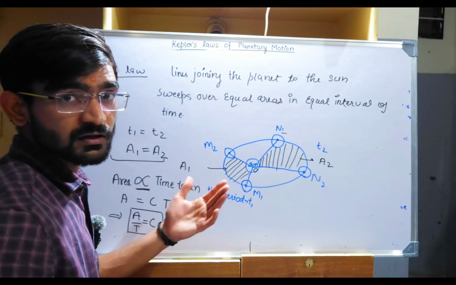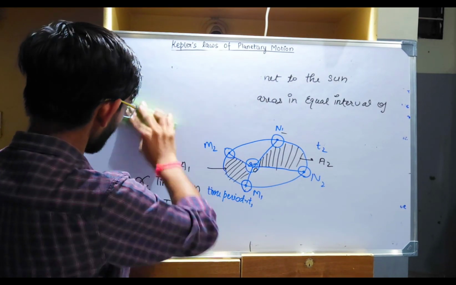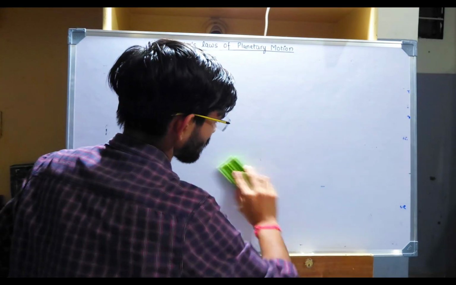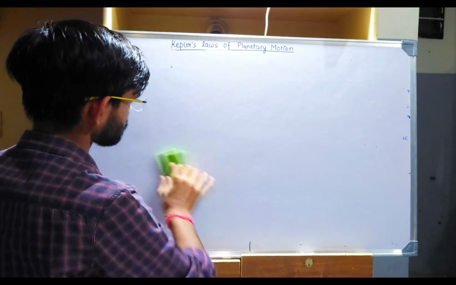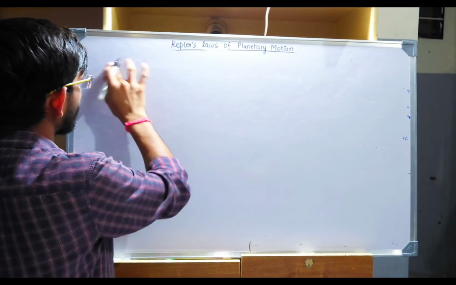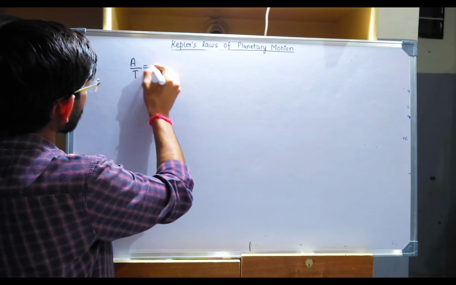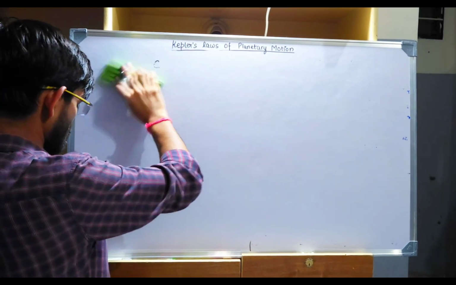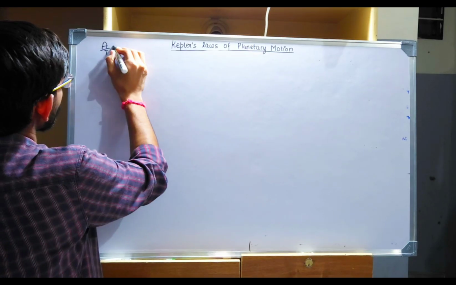We will solve some numerical questions on this. I'm writing the formula here: A upon T equal to C.